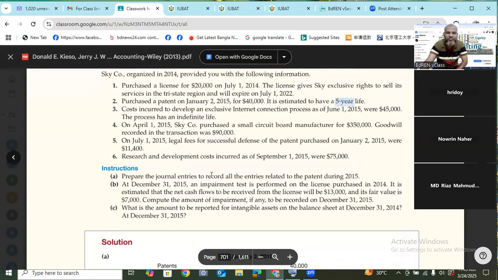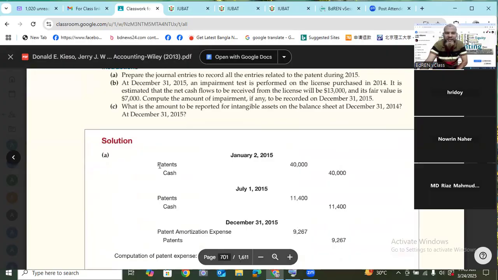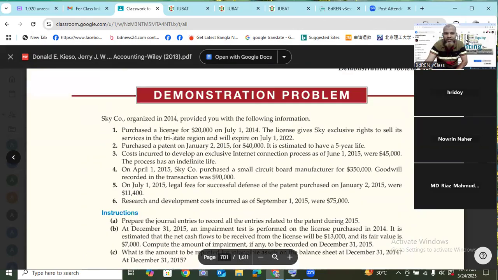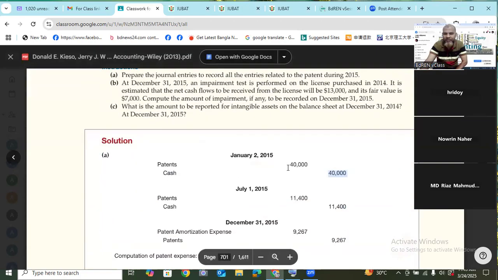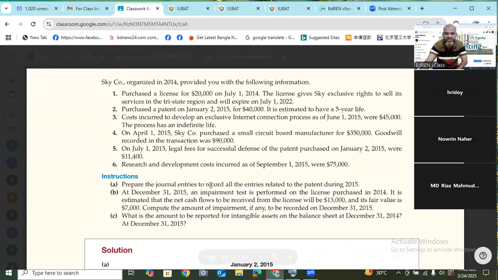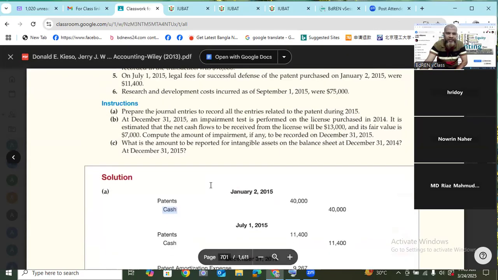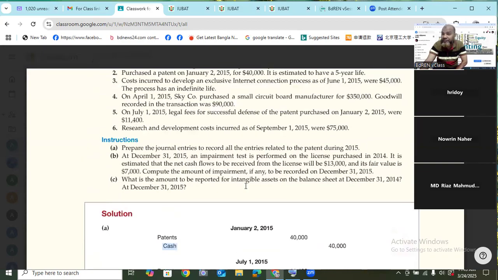Patent debit 40,000 and cash credit 40,000. Very simple, isn't it? One asset increases and another asset decreases.